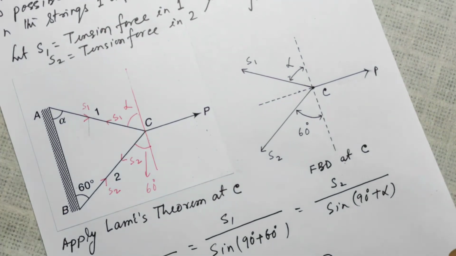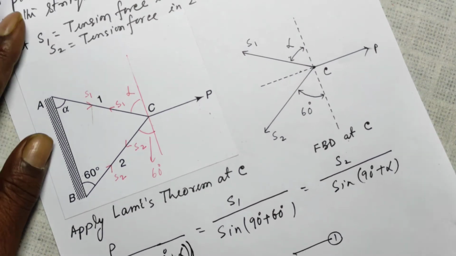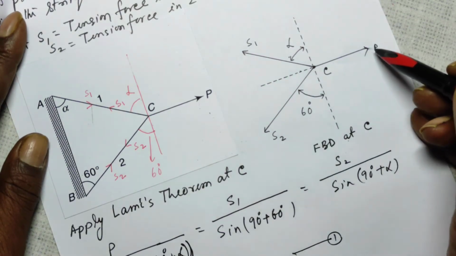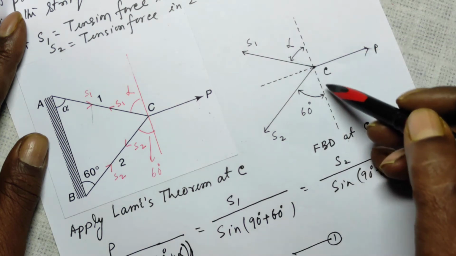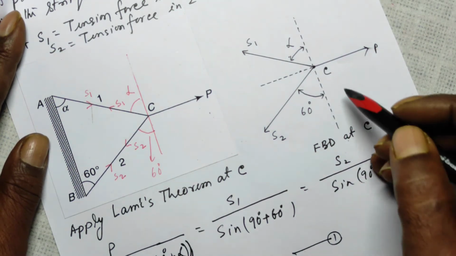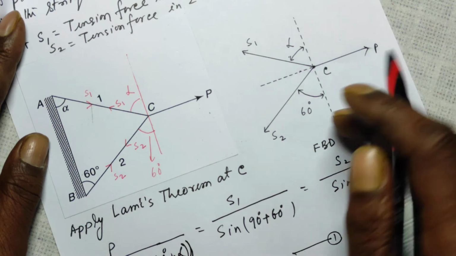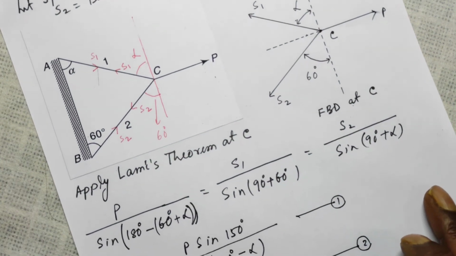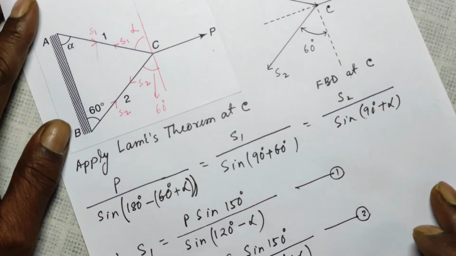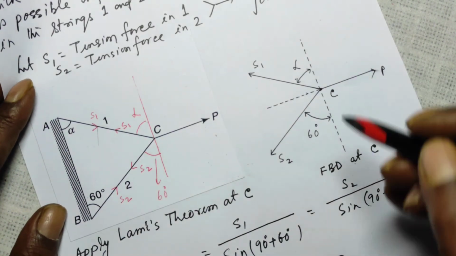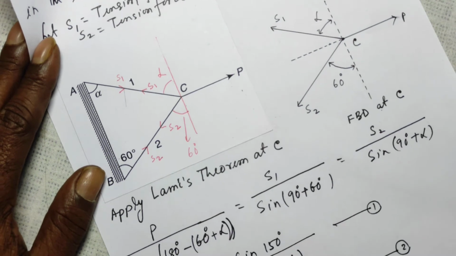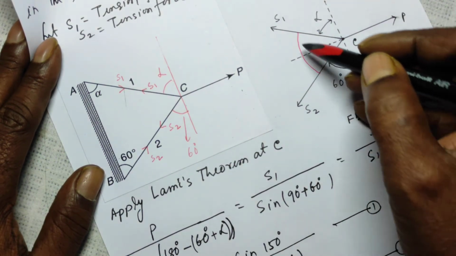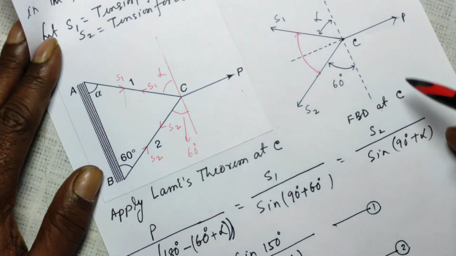So at point C, there are three concurrent forces: tension S1, tension S2, and the applied force P. This is angle alpha, this is 60. They are concurrent at point C and lying in the same plane, let's say the plane of the paper. So let us apply Lami's theorem at point C. P over sine of this angle.